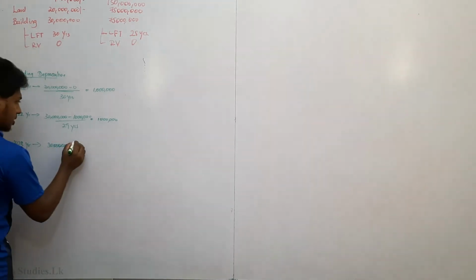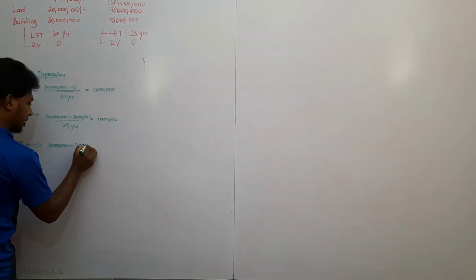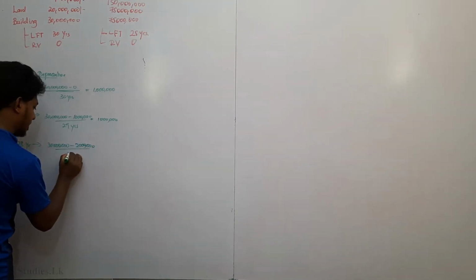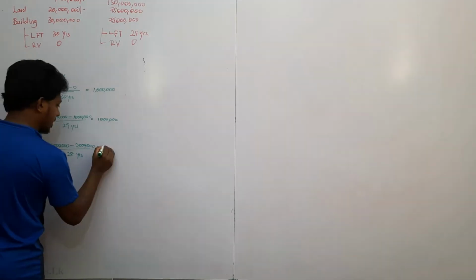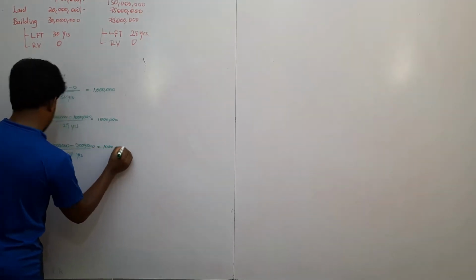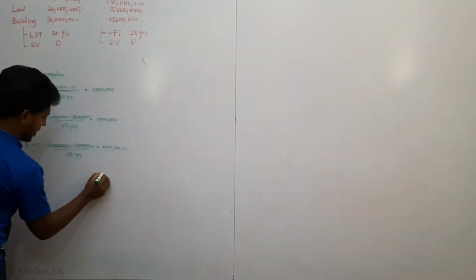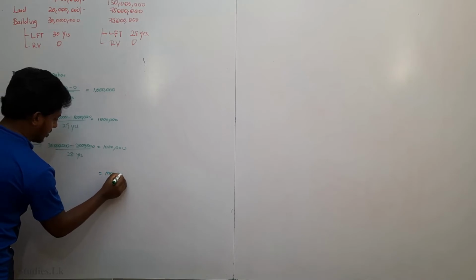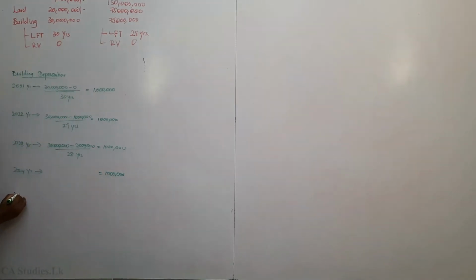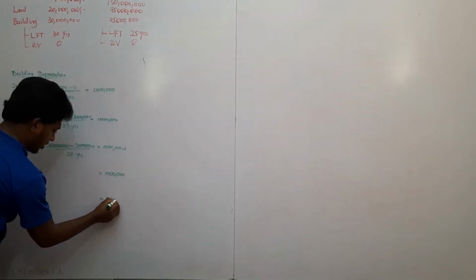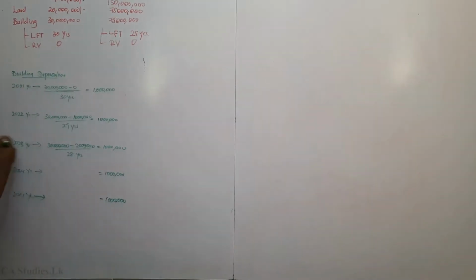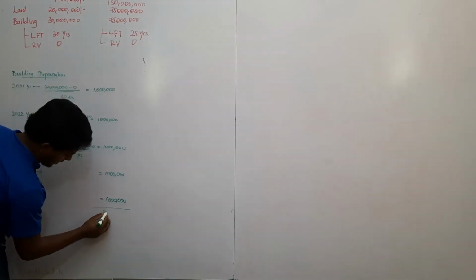Accumulated depreciation is 2 million, divided by 28 years, the value is again 1 million. 2024 is the same thing, my dear friends, I don't need to calculate. If you put the formulas in and find out and WhatsApp me, I will say whether it's correct or not. 1 million. Now after 5 years accumulated depreciation is 5 million.